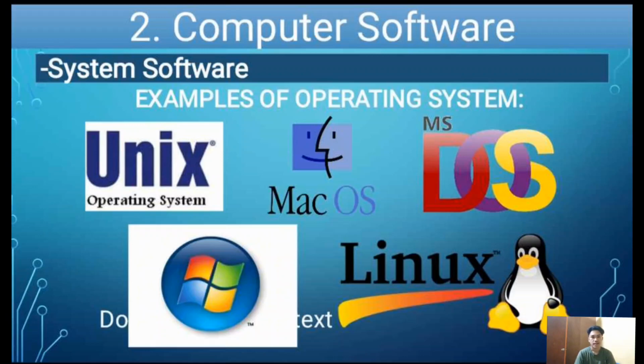Then Linux is an open source operating system based on Unix, suitable for personal computers, servers, and various hardware. Its collaborative development allows anyone to access, modify, and contribute to its code, making it versatile and customizable for diverse purposes.